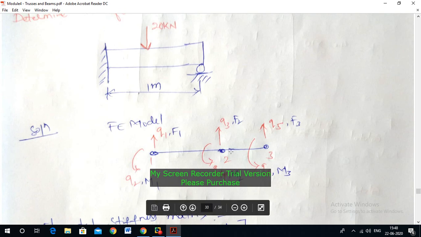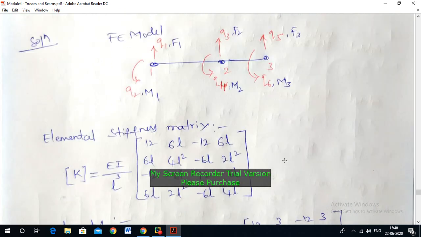At node 3, Q5 and Q6 are the degrees of freedom, the force acting at node 3 is F3, and the moment applied at node 3 is M3. This is the finite element model for the given beam in the figure.